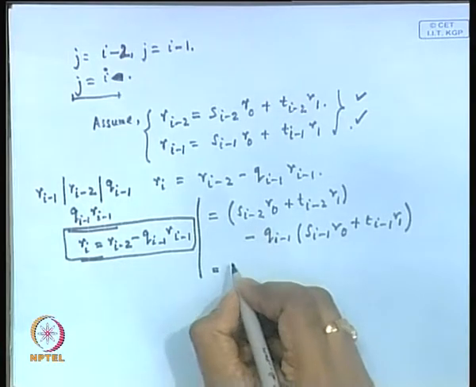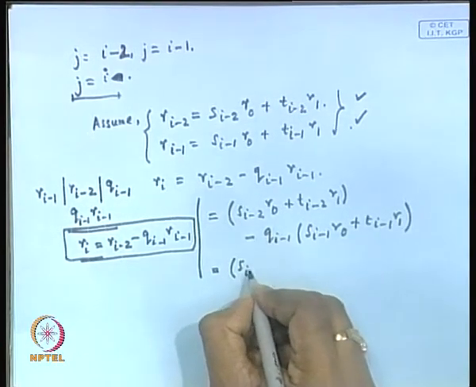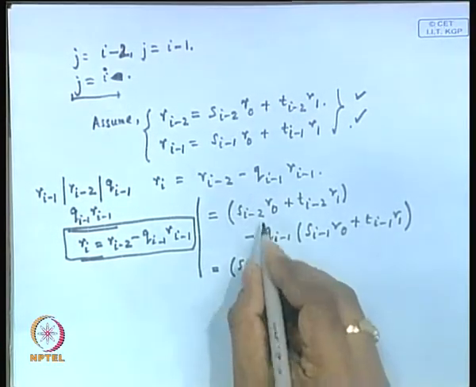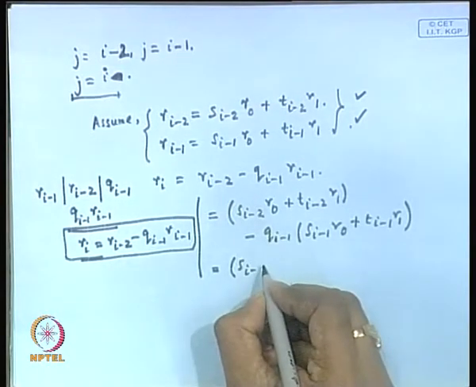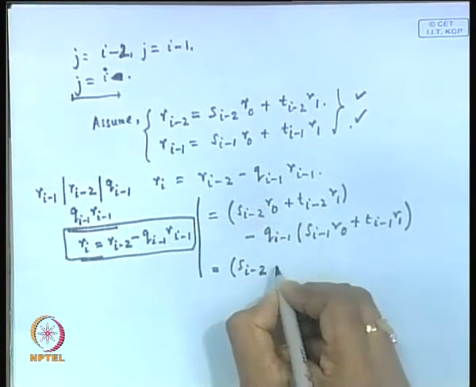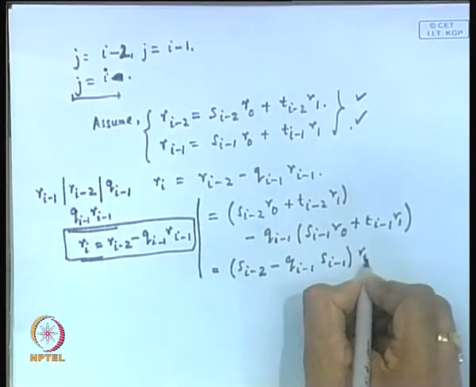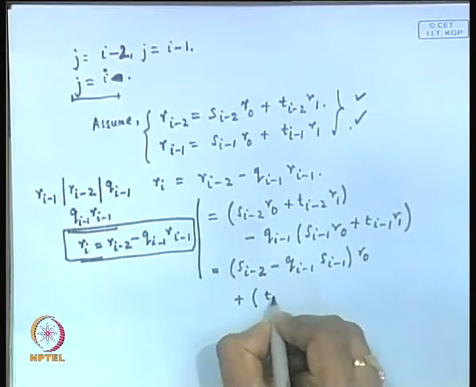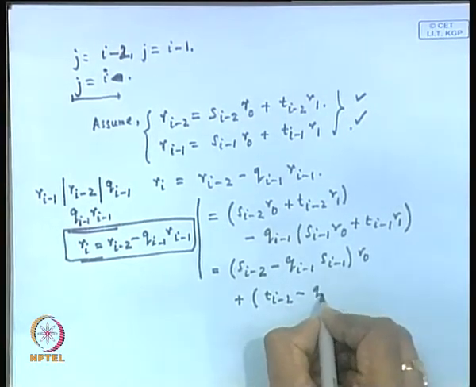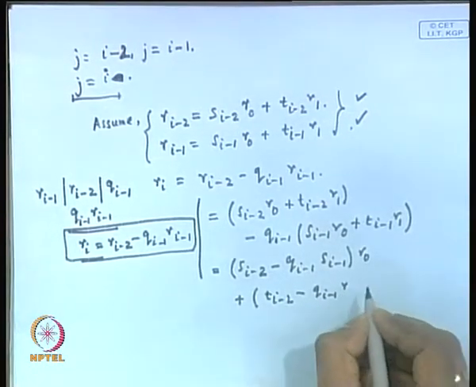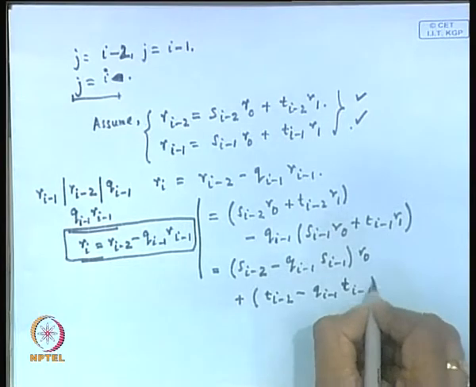If I collect R0, I get Si minus 2 minus Qi minus 1 Si minus 1 into R0 plus Ti minus 2 minus Qi minus 1 into Ti minus 1 into R1.